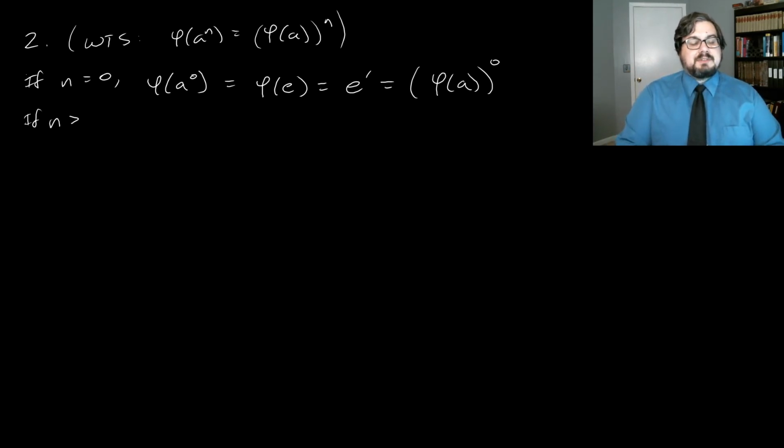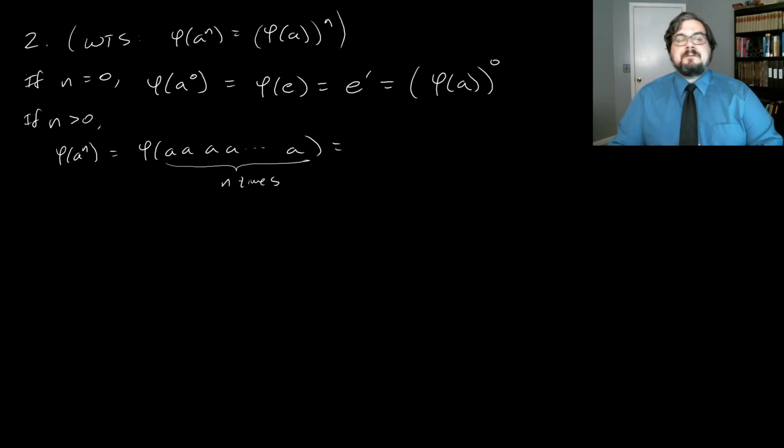If n is greater than 0, then technically we would use induction on this, but the intuition behind it is the following. If we have phi of A to the n, that's phi of A times A times A times A up to A, and this is n times.